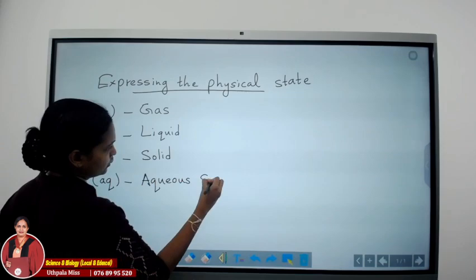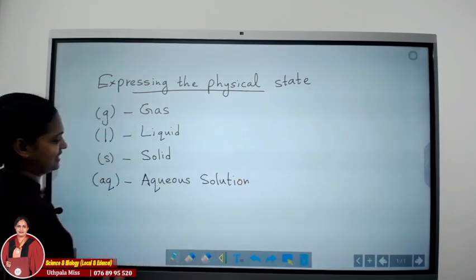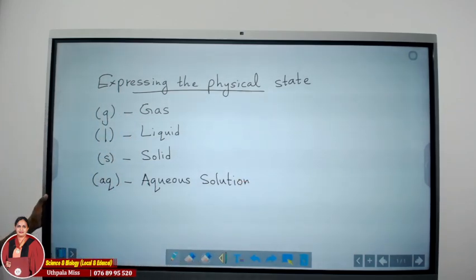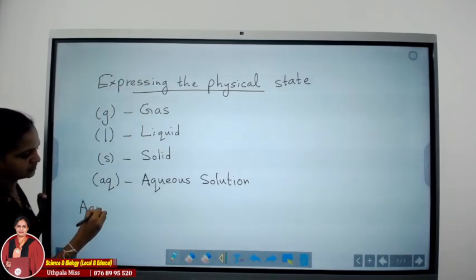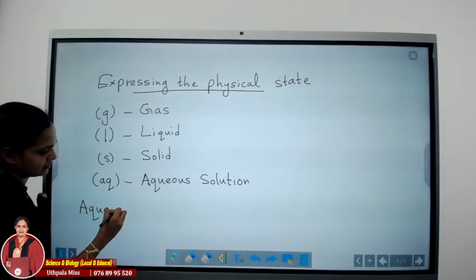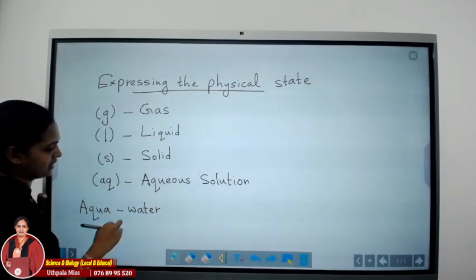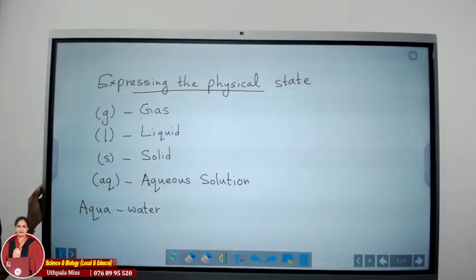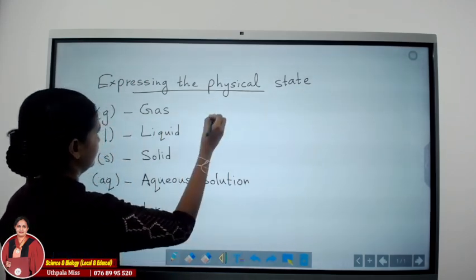Aqueous means aqua stands for what? Water. So when something is dissolved in water, we call it an aqueous solution. So I will mention an example in front of each.